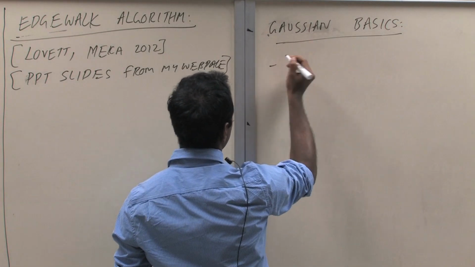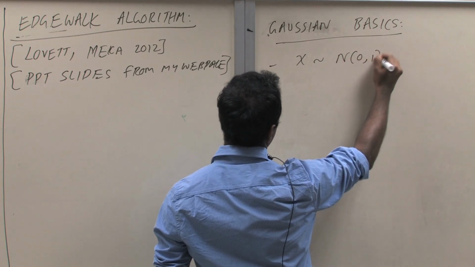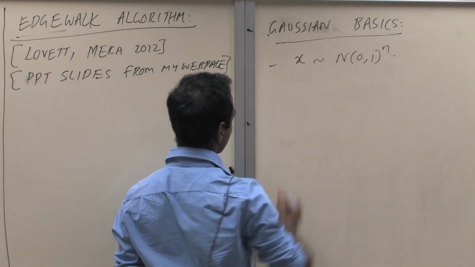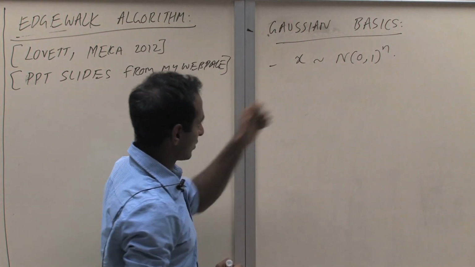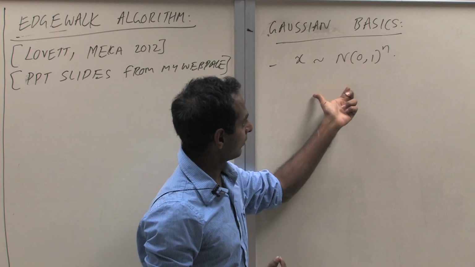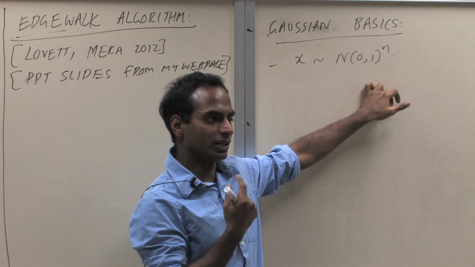The first thing is we will look at the n-dimensional Gaussian distribution, an n-dimensional random vector where each coordinate is independently Gaussian with standard deviation 1.